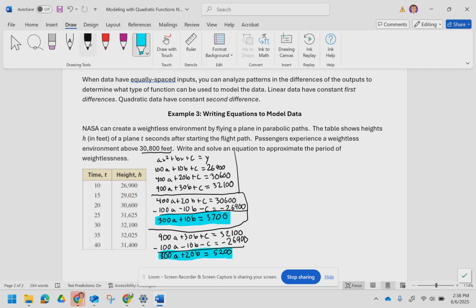All right, now I've got my second equation with only two variables. Now I'm going to use those two together, eliminate one of the variables so that we can then get only one variable and solve for that. So I'm going to put this equation down here on top: 800a plus 20b is equal to 5,200.